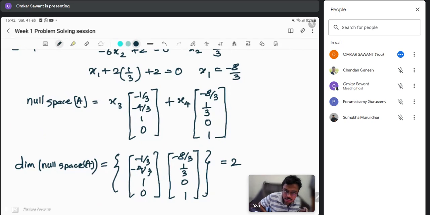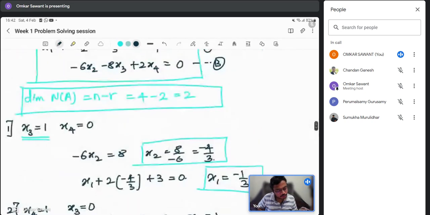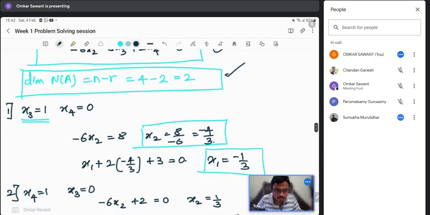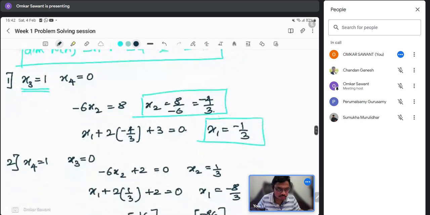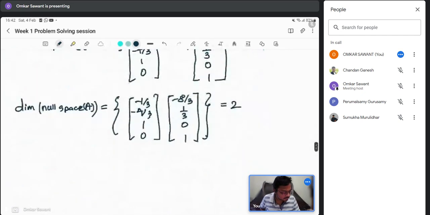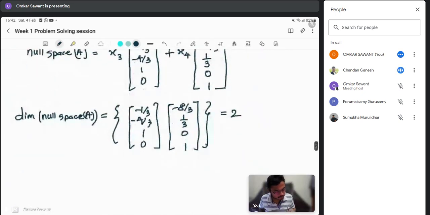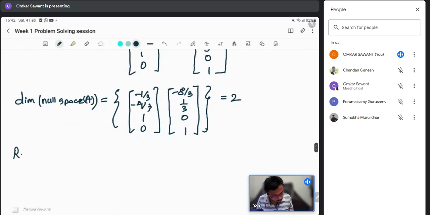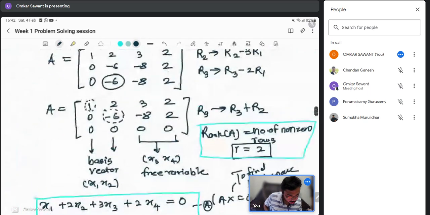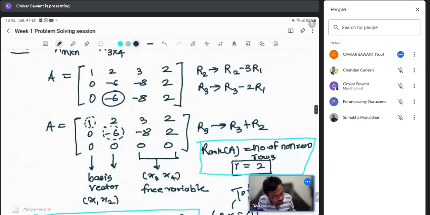Yes. Does it mean whatever we have deduced earlier is correct? Yes, sir. Yes, Chandan. Is it clear? Yes, sir. Okay. Now the row space of A will be your these two non-zero vectors. This will be your row space.